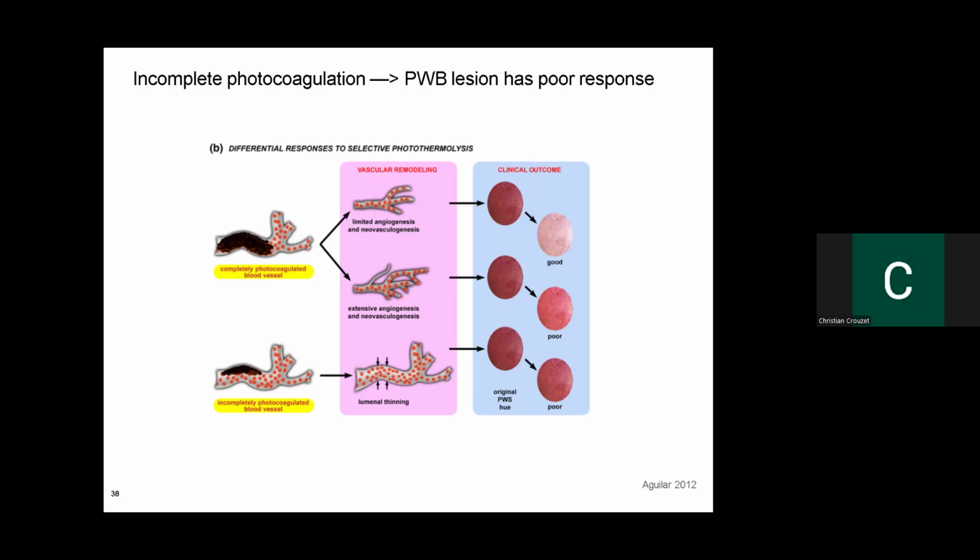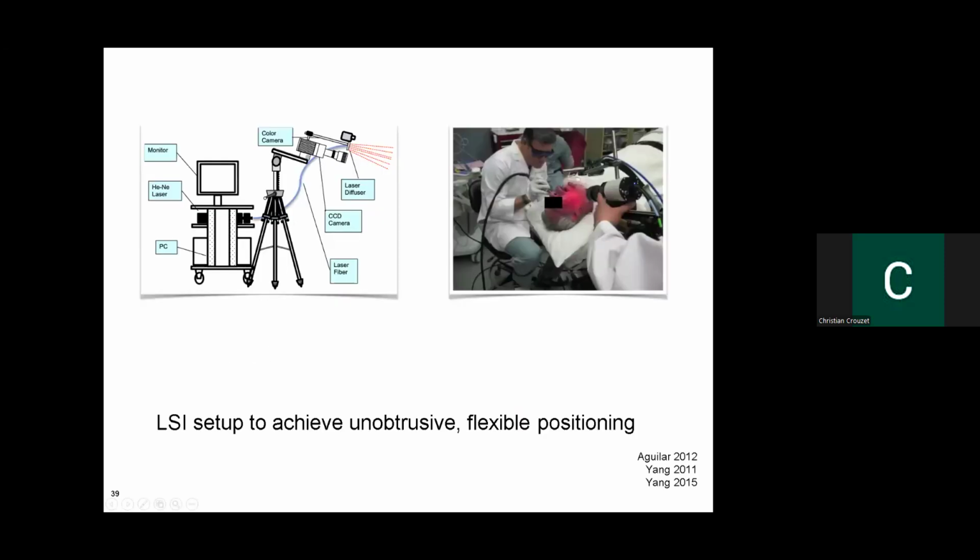Effectively, there is not a good way to monitor the treatment to make sure there is complete coagulation of the blood vessels for a good clinical outcome. To look at the efficacy of treatment, Bernard brought a laser speckle imaging device to the clinic during port wine birthmark treatment.